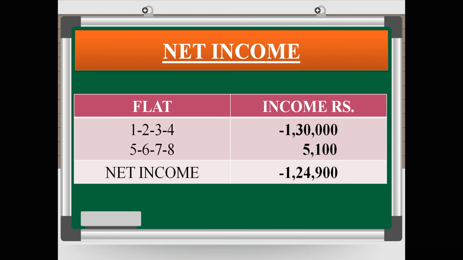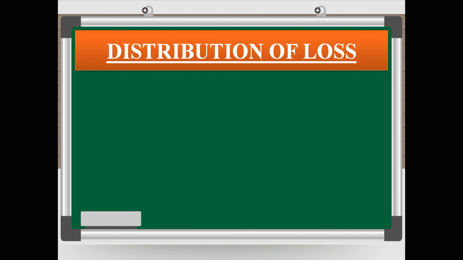But say there are four partners here, let us share it among all four. Let us distribute the loss. Ratio of sharing is not given. We have written in the first line that A, B, C, D are equal owners, so the loss is to be shared on equal basis.